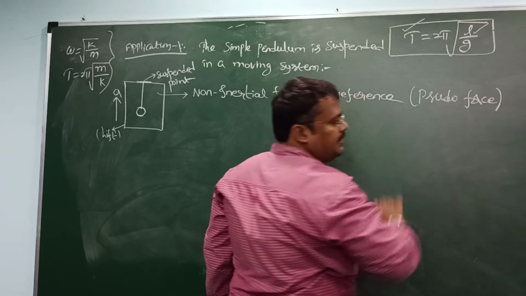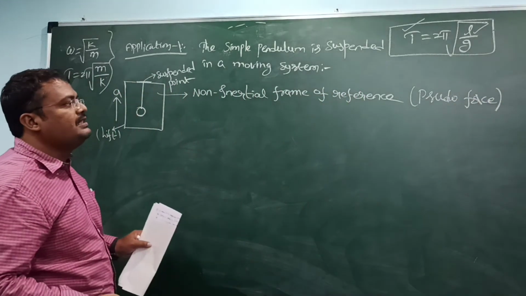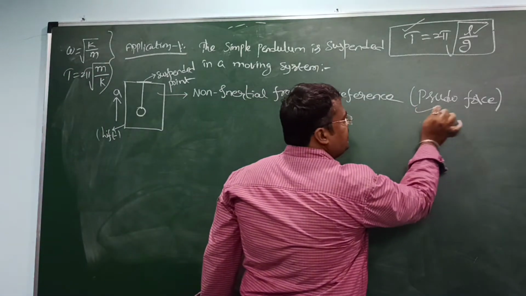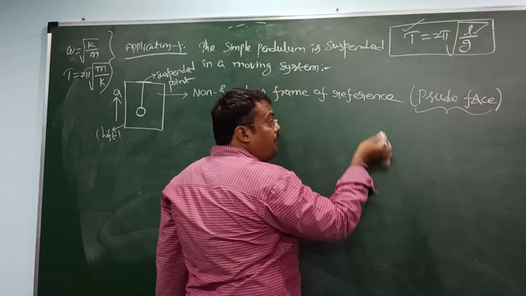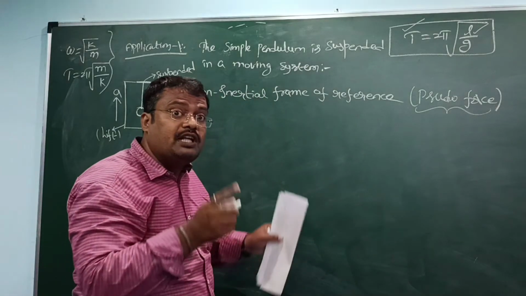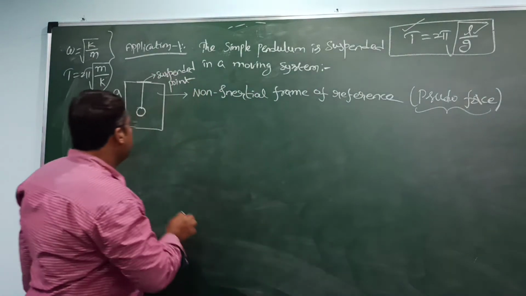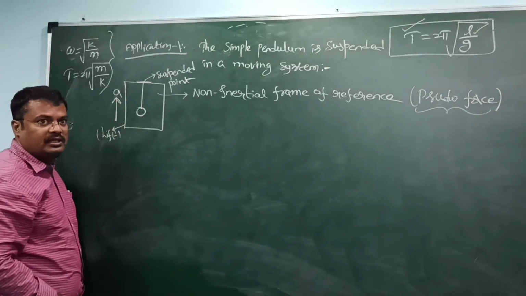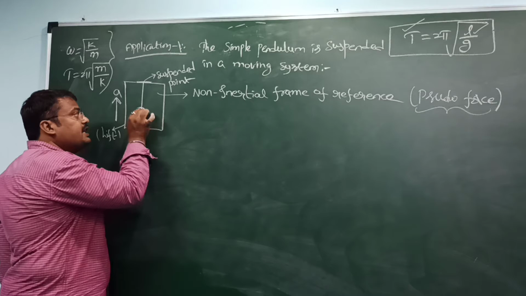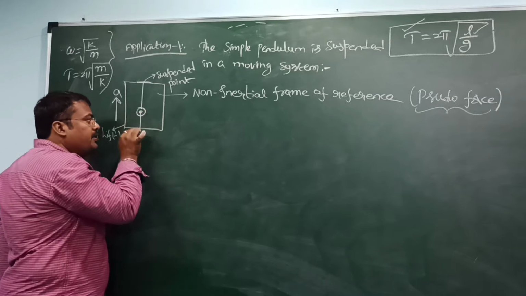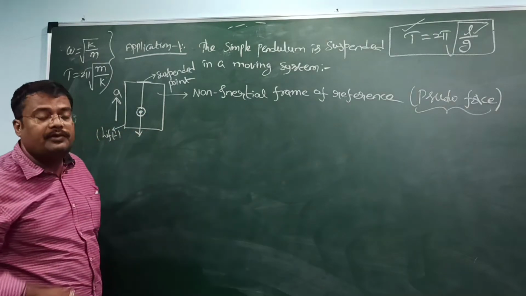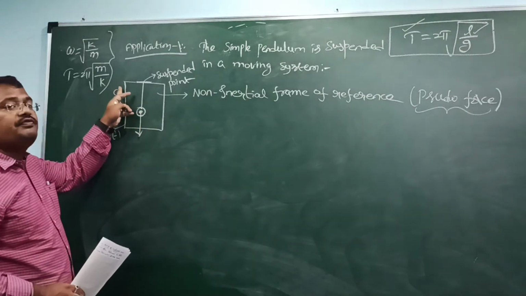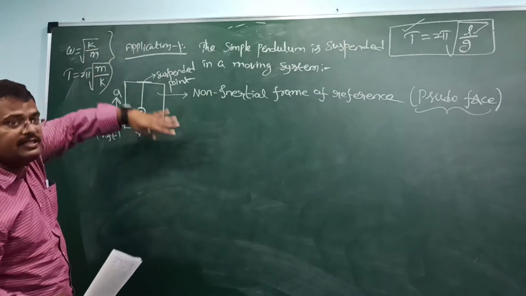In which direction does the pseudo force exist? The pseudo force acts on the bob opposite to the direction of acceleration of the total system. The lift is accelerated in the upward direction, so the pseudo force on the bob is always in the downward direction, because downward is opposite to the accelerated motion of the entire system.